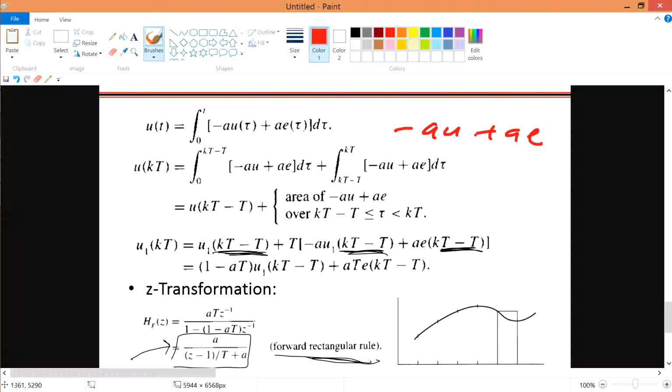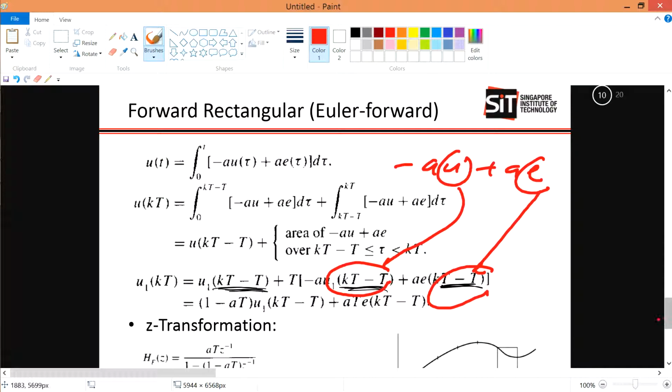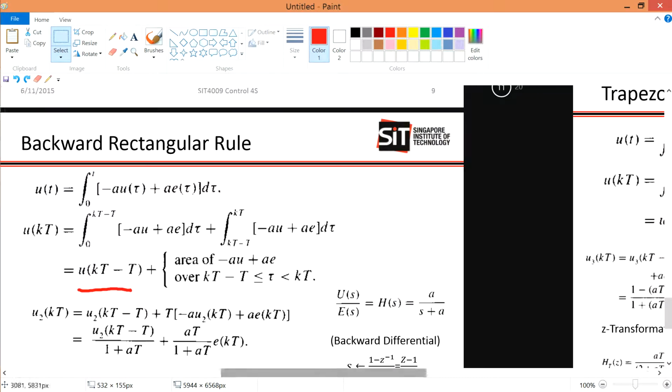plus AE over here, right? Your U, you're going to sub in as KT minus T. Your E, you sub in as KT minus T for the forward method. For the backward method, I'll just copy this and go all the way here.